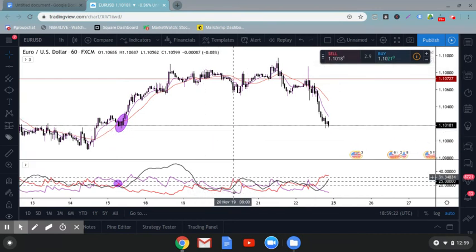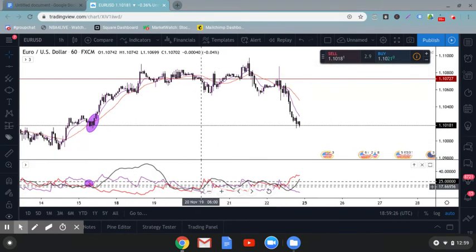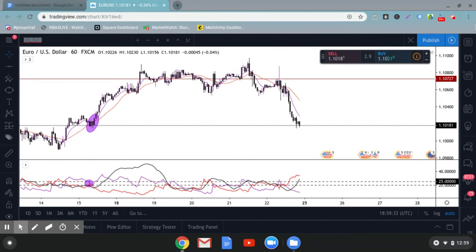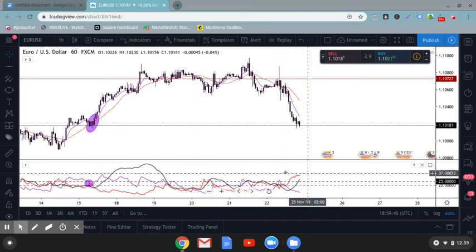It looks like here, red over black, and then you would go down. You see what I'm saying? These crosses are pretty accurate. Okay. And then the black line, of course, just shows the strength of the trend, right? But the crosses would be your buy and sell signals.